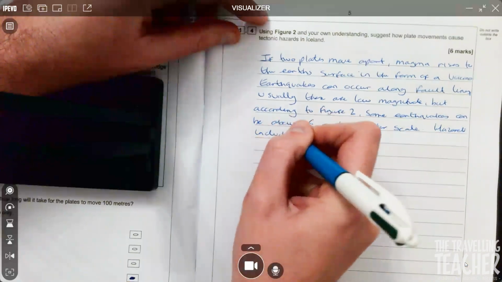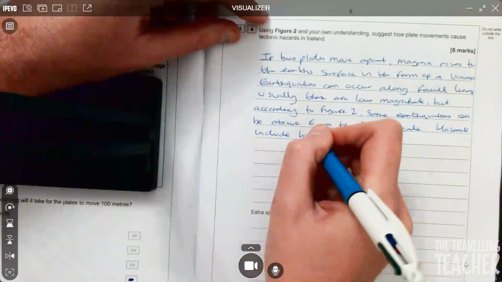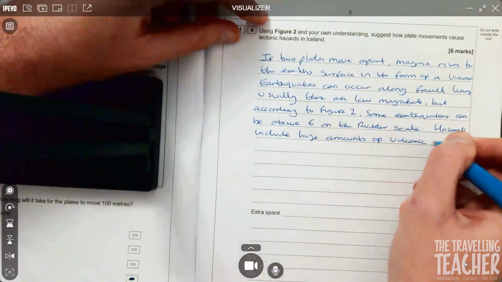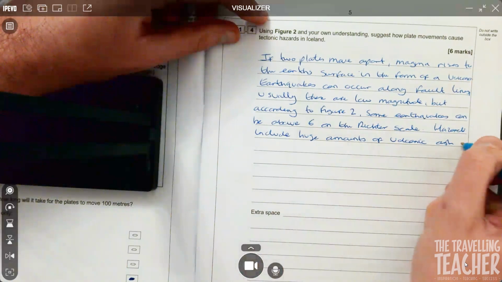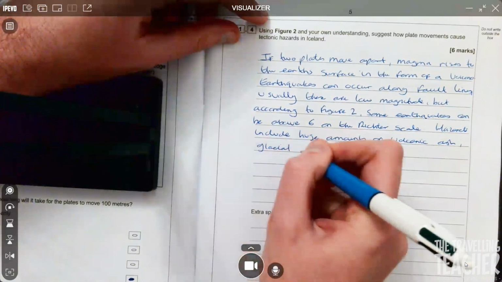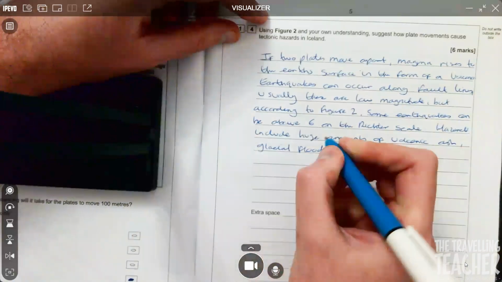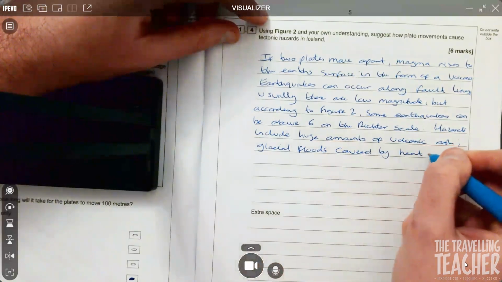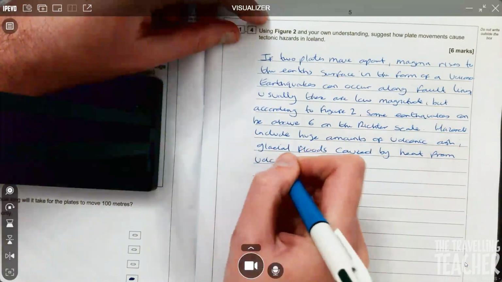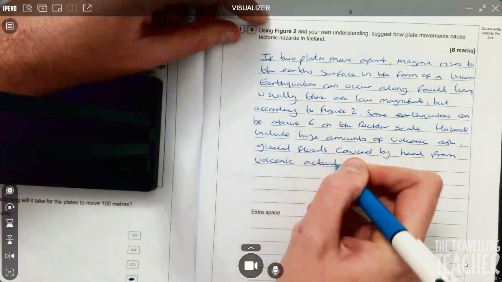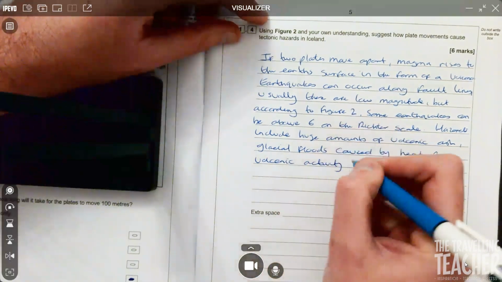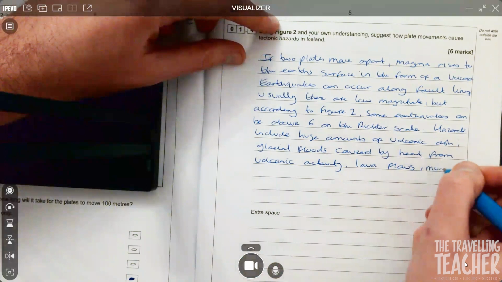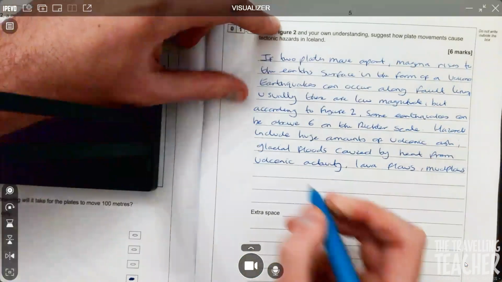Hazards include huge amounts of volcanic ash, glacial floods caused by heat from volcanic activity, lava flows, mud flows, which are known as lahars.